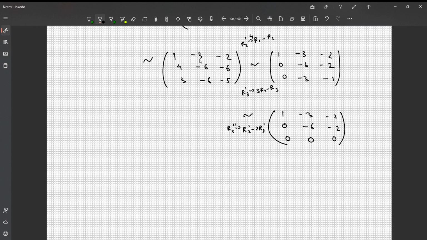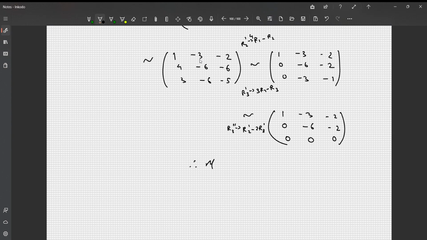There cannot exist any more zero rows; you can find that out from the structure of the matrix. We don't need to reduce it further, because even if we come up to the exact row reduced echelon form, we won't get any more zero rows. So manipulating till this step will do.